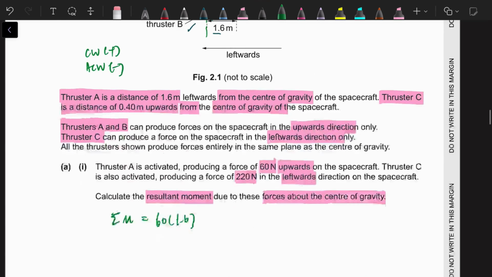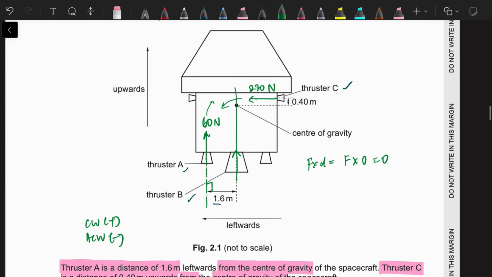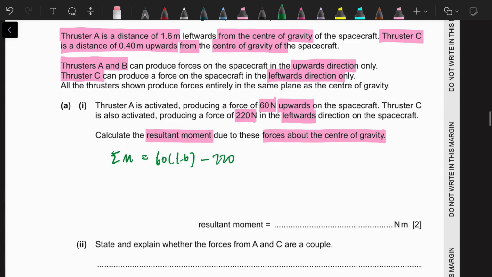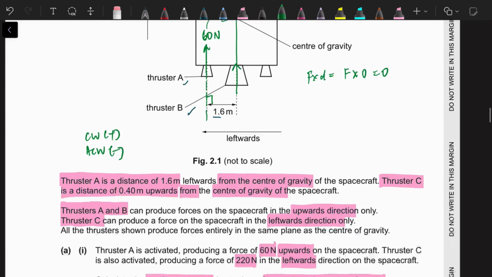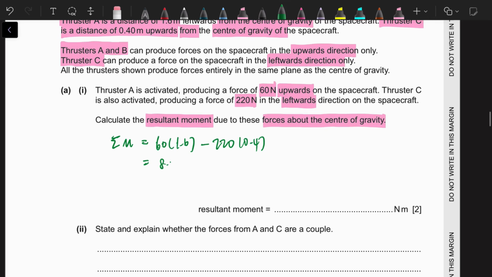Then minus, why minus? Because it's going to go anti-clockwise: 220 and the distance is 0.4. So if I get my calculator, I will get 8 Newton meter.